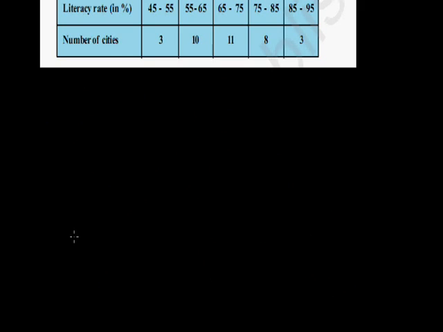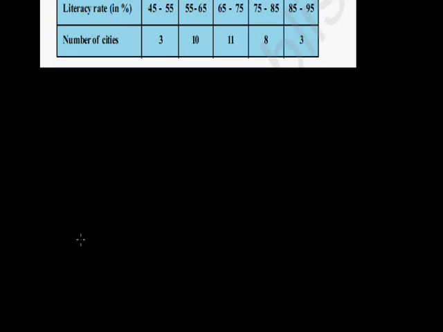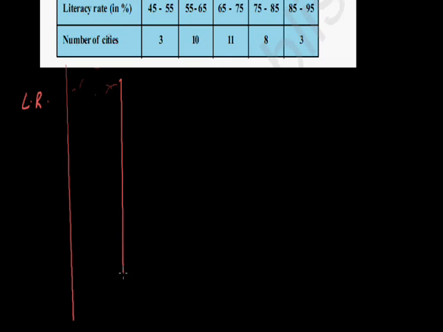Now comes the ninth question. In the ninth question, find the mean literacy rate. We need to find the literacy rate. Now here LR is the literacy rate and the number of cities. Literacy rate, number of cities, mid value, di, then fi di.